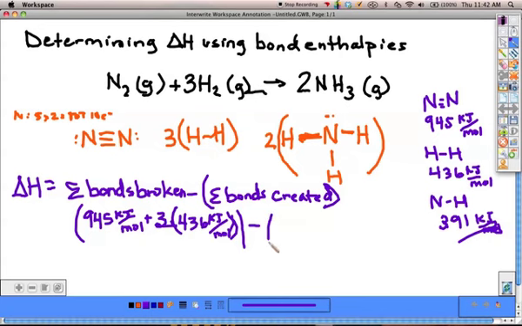My bonds created, I'm going to have 2 times, I have 1, 2, 3 nitrogen-hydrogen bonds. So 2 times 3 times the actual value, which is 391 kilojoules per mole.